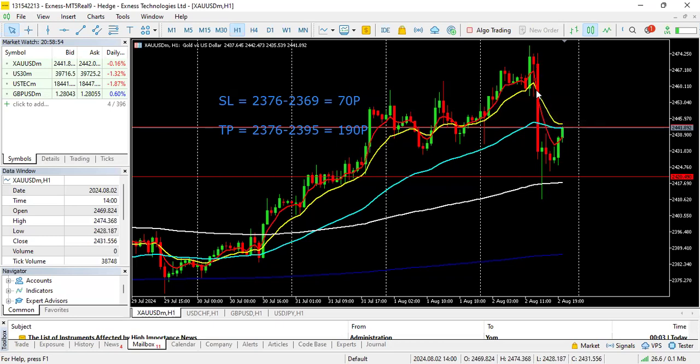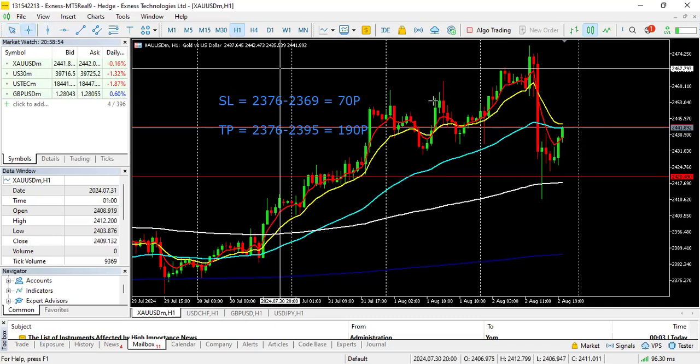So see what happened, bam, and then see what happened again. You can see that it came again. The next 1 hour came and penetrated into the 200 EMA, right? So let's assume you're able to even catch the trade from here, and you put your stop loss somewhere here.